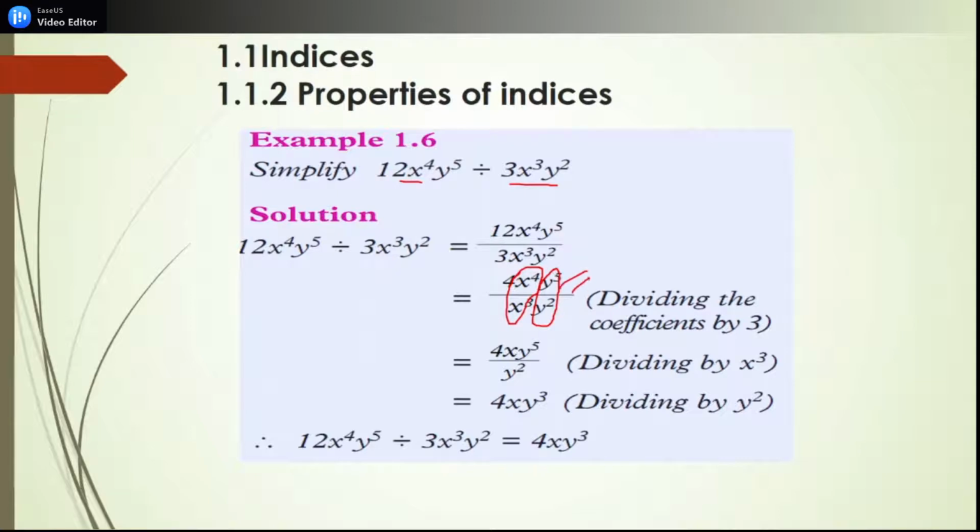As the result here, you can write 4 times x power 4 minus 3 times y power 5 minus 2, which is equal to 4 times x times y power 3 as a result, as here you see.